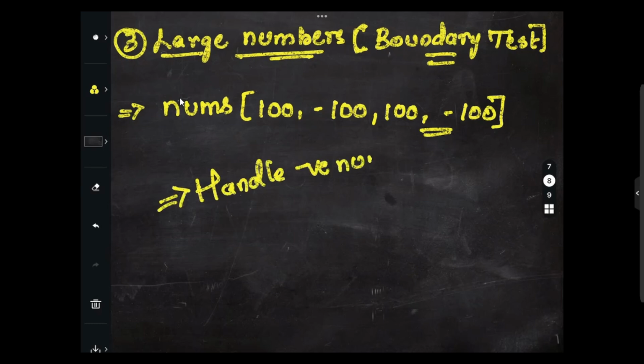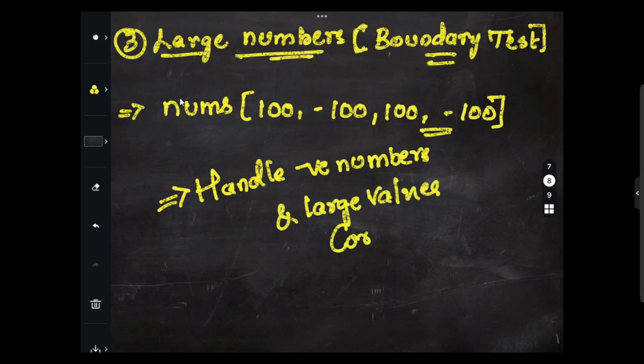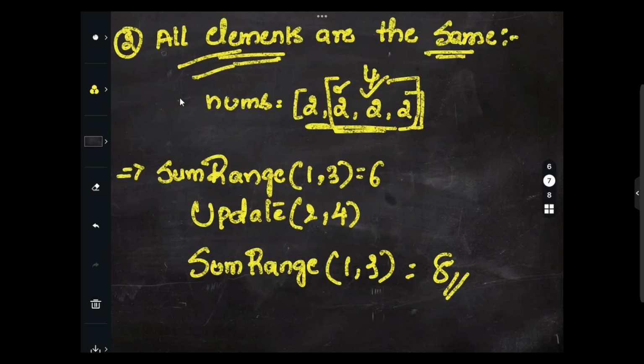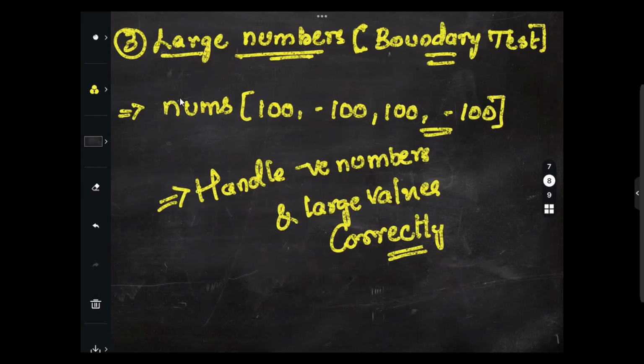It has to handle the negative numbers and the large values correctly. I hope this is completely clear, right? So these are the three edge cases that we consider. First one was for the single element array, second one was for all elements are same, and third one was for large numbers. I hope all the edge cases are clear.